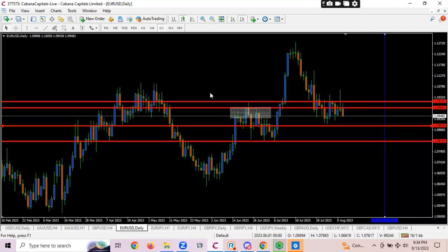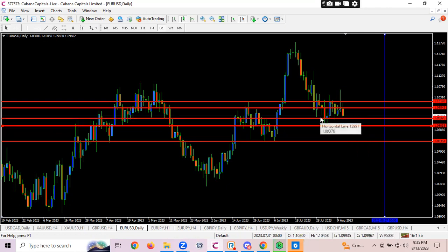Okay, on daily, these are supports here. We had a support here. So if this support zone is broken, we should expect more bearish move on Euro USD.